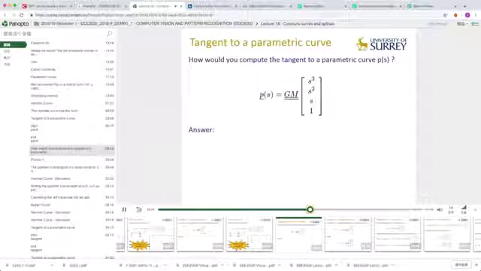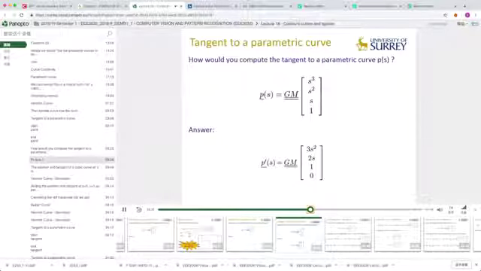Okay, so that's our P dash of S, our first derivative of the equation. It's the same, it's GM, but then the Q has changed now to Q dash, the first derivative of Q with respect to S. So that's how we calculate our velocity at any point on the curve.